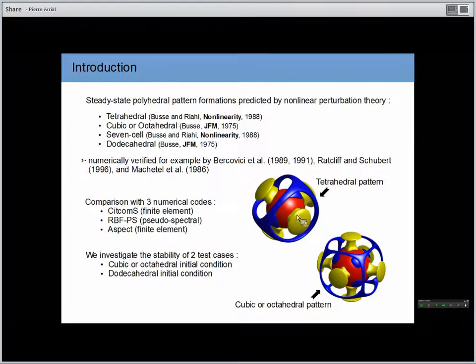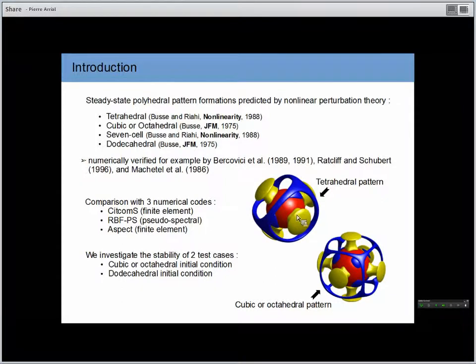This pattern has almost never been investigated, and only the predictions have been fully tested. So for me, the question that arises is about the stability of these different patterns of convection, and whether they are sensitive to different numerical methods, from a numerical comparison.